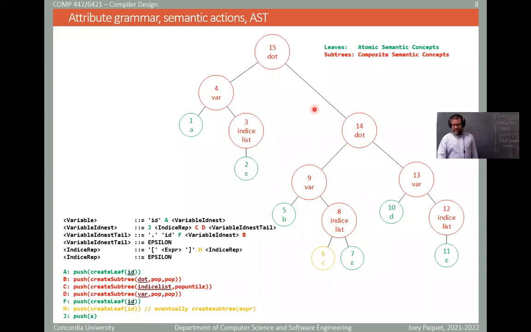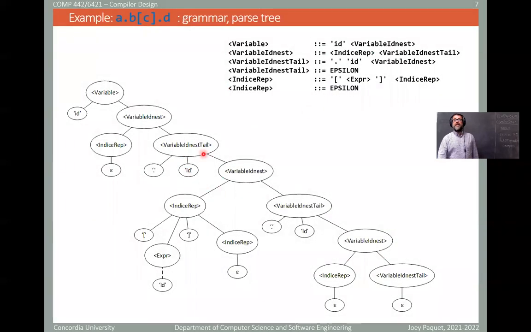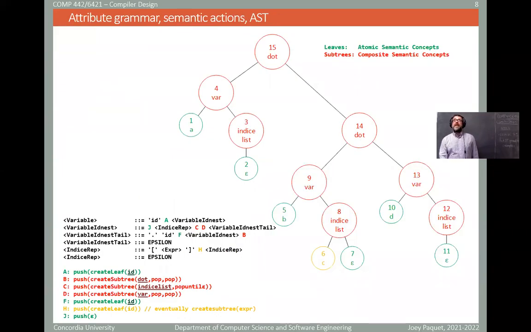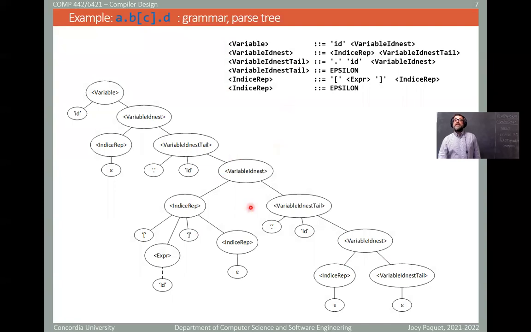That's what you want, as opposed to this, which has a lot of things that we want to eliminate. For example, each of these intermediate non-terminals, and the epsilons, and the actual punctuation, and the parentheses, or brackets. We want to remove all that. That's information that's not necessary in order to convey the strict meaning of this expression or sub-expression. So that's the parse tree that corresponds to this.